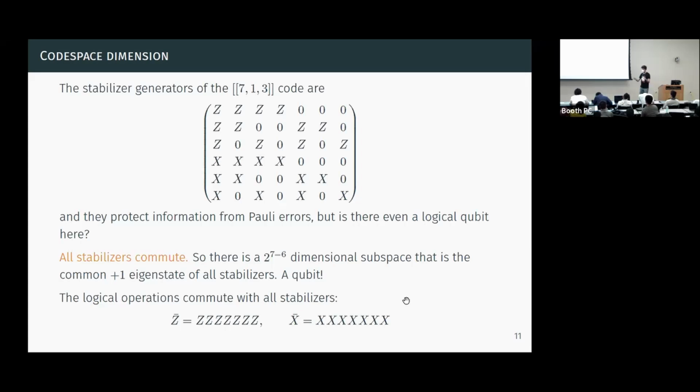So we're increasing the dimension of the subspace of words that are not code words. Yeah, we're working on the orthogonal subspace to the code words here.